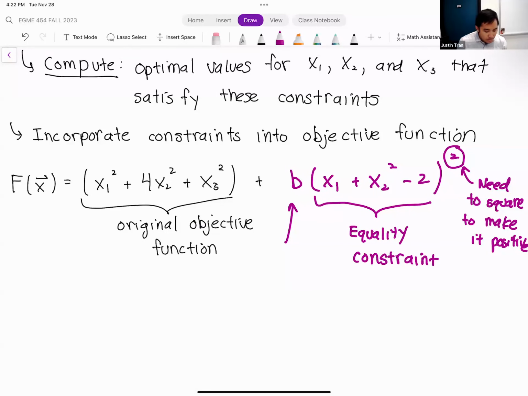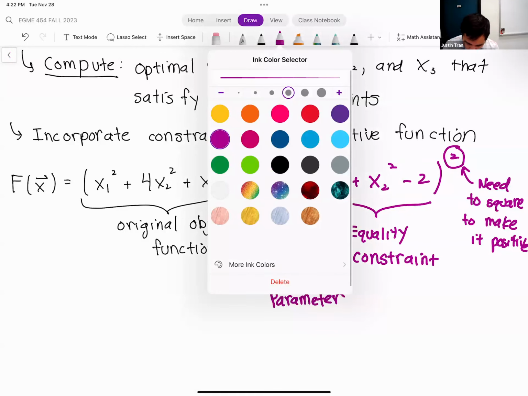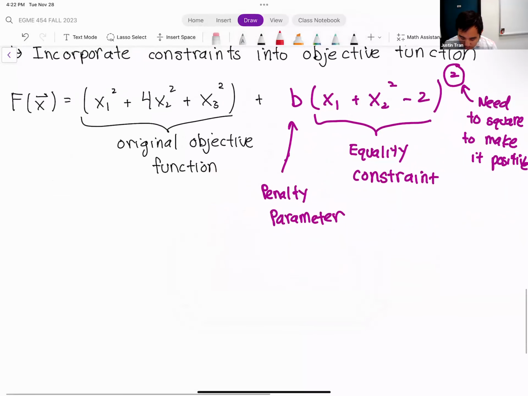This b parameter is called our penalty parameter. We're going to talk a lot more about the penalty parameter later in the class today, but for now, let's just assume that this is some number that you can assign. So that is the equality constraint.